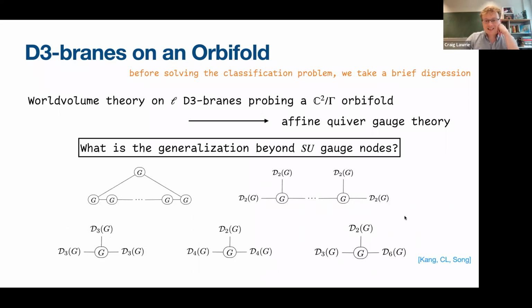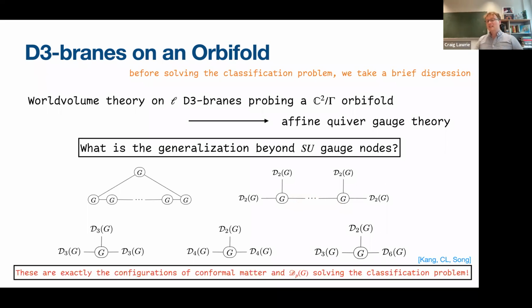So in this sense, one can think of this particular collection of things as the generalizations of D3 branes probing an orbifold. Okay. But these are exactly the configurations of conformal matter and DPG that solve the classification problem that I just told you about. That's kind of interesting. There's no other way to combine conformal matter and DPG such that you get a 4D N=2 theory.